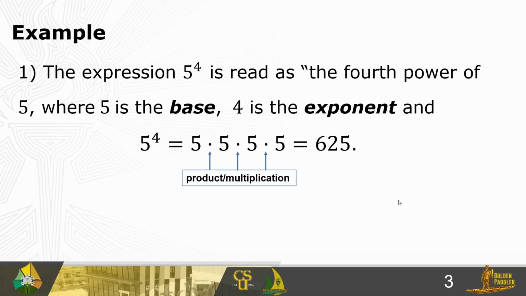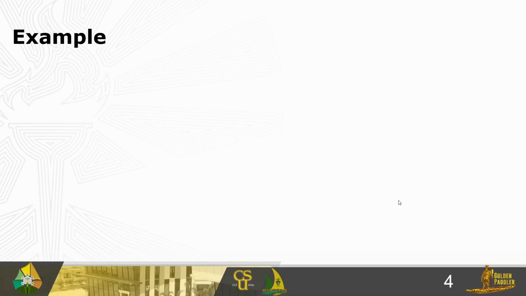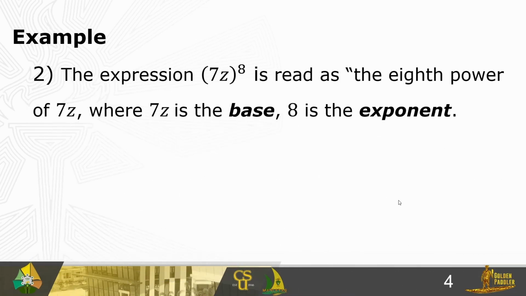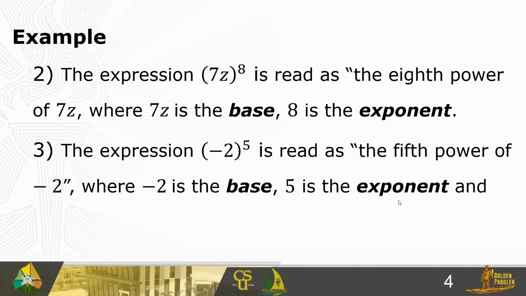And 5 to the power of 4 can be expressed as 5 times 5 times 5 times 5, or multiplying 5 by itself 4 times. And this is equal to 625. Another example, the expression 7z to the power of 8 can be read as the 8th power of 7z, where 7z is the base while 8 is the exponent.